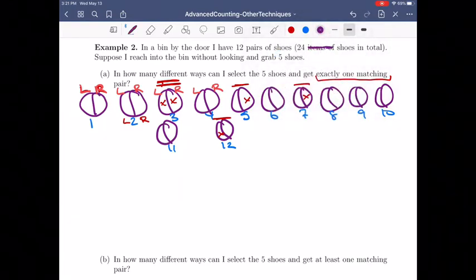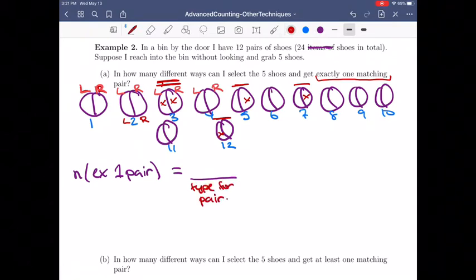So the number with exactly one pair: I'm going to do the pair first. I'm going to select a type for the pair. There's 12 different types and I want to select one of them.